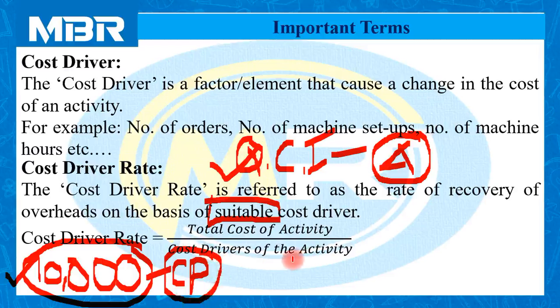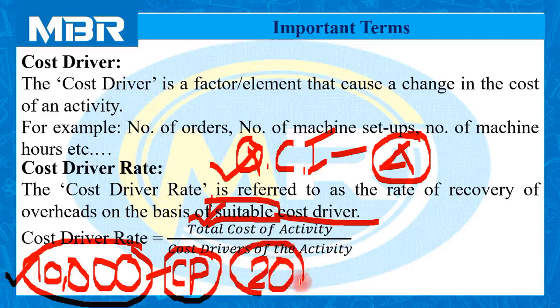Now, in order to distribute these 10,000, we need to find a suitable base. And the suitable base is the number of inspections. How many inspections or quality control cycles were performed? Say for example, 20 quality control or inspection cycles were performed. So these 20 cycles are known as the cost driver.